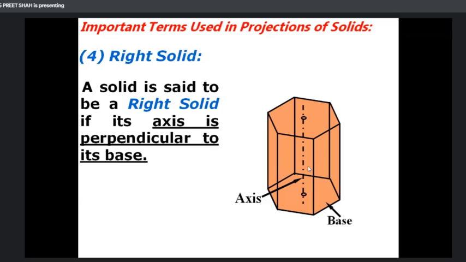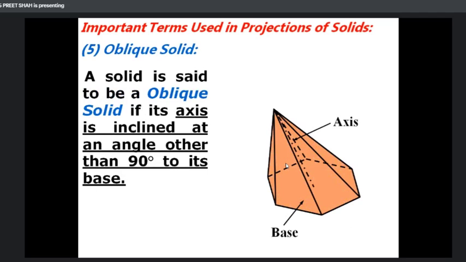So a solid in which the axis is perpendicular to the base is called a right solid. तो जिस solid में आपकी axis base से perpendicular है, तो उसे हम कहेंगे right solid. And if it is inclined, it is called an oblique solid. Next one.